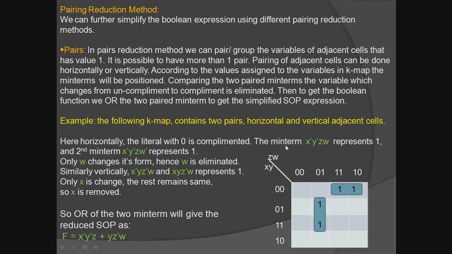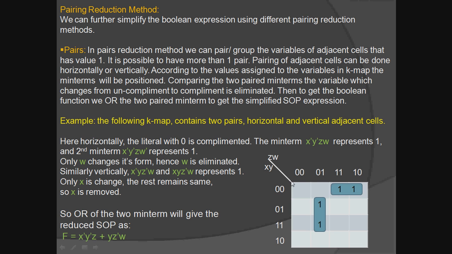So here the first min term is x complement, y complement, z and w. If you see horizontally, this first value is 0, so x complement, y complement, and here 1 1, so the variable remains the same, zw, so it represents 1. And then the second min term, that is this one, x complement, y complement, and then z is 1, w is 0, so w complement, so it represents 1.